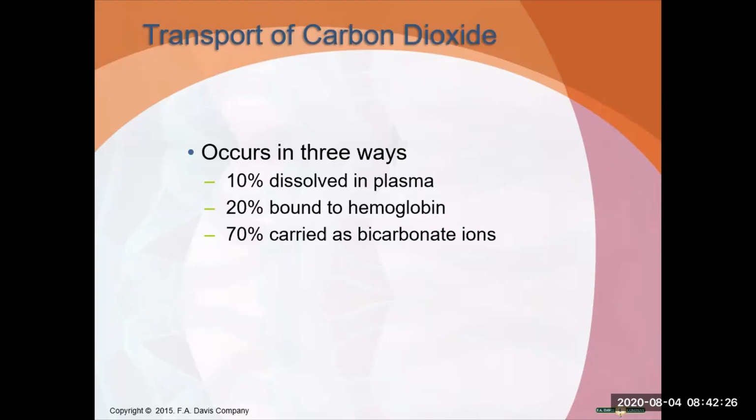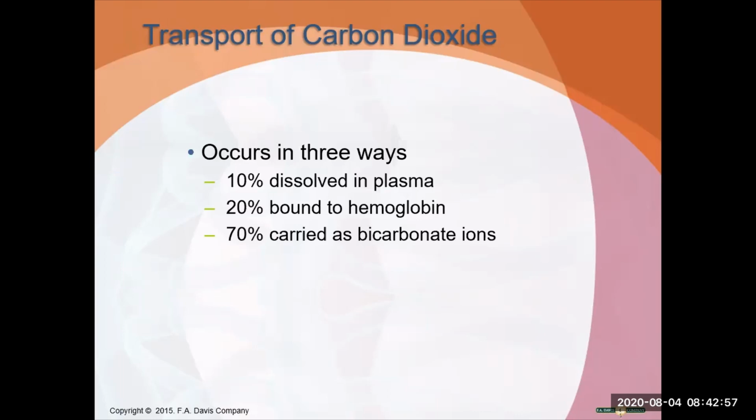Number 3, the vast majority, about 70%, is carried in the form of bicarbonate ions, HCO3. This occurs because when CO2, carbon dioxide, dissolves in plasma, it reacts with the water in the plasma to form carbonic acid. Carbonic acid then dissociates into bicarbonate and hydrogen ions.